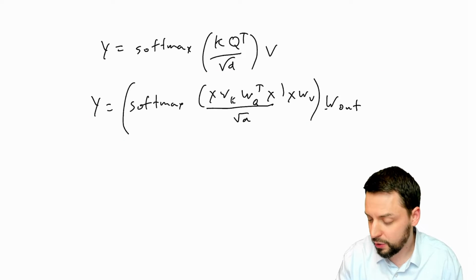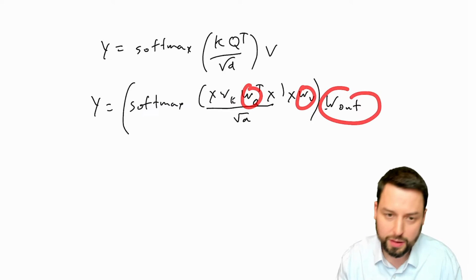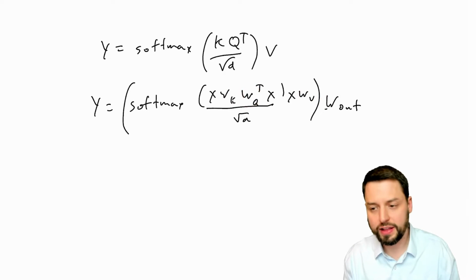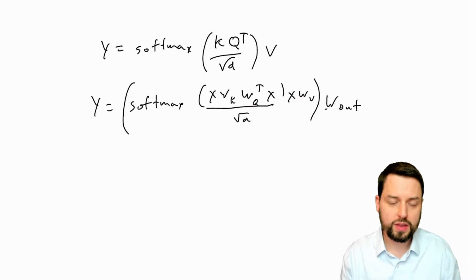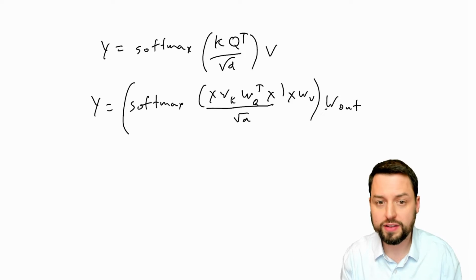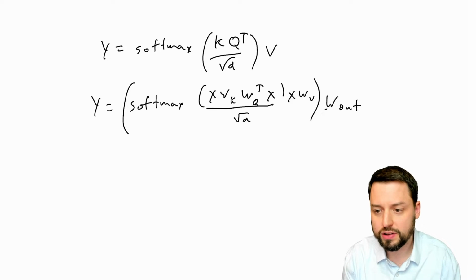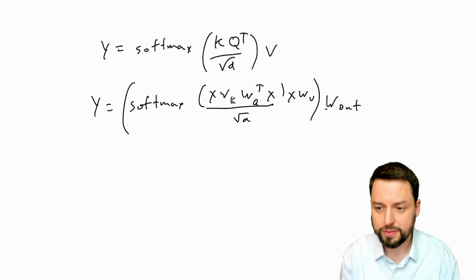And the parameters of this layer will be WK, WQ, WV, and W out, which will actually be implemented as a linear layer. Now, in some cases, some of these terms have associated bias terms as well as the weights. We're going to ignore the biases and set them to be 0 so that we won't worry about biases. If you want to include biases, it's still already quite simple.